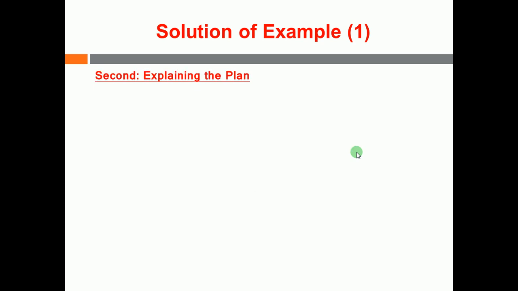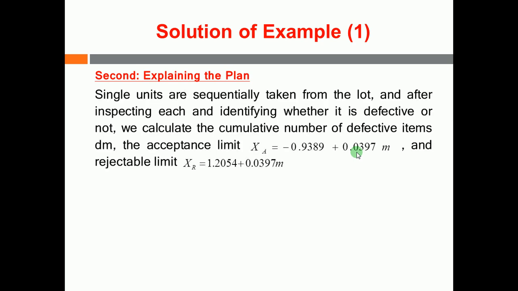The second requirement was to explain the plan. So how can we explain it? We explain it by saying that we take single units sequentially from the lot, and after taking each item we inspect it and identify whether or not it is defective.